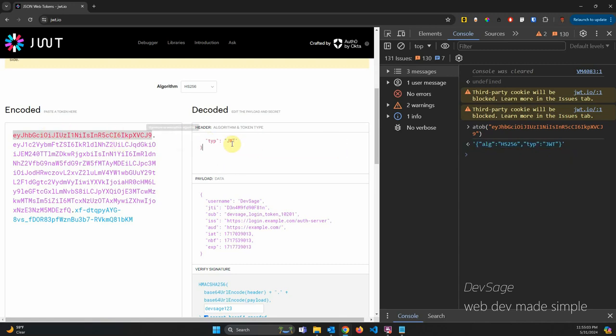And so that's all it is. It's a base64 encoded version of this JSON object. So what does this JSON object mean? The header information of a JWT is essentially metadata about the JWT itself. Most likely you're going to see this type JWT, which is just telling it, hey, this is a JWT token, and the alg field, which defines the algorithm that was used to sign this JWT.